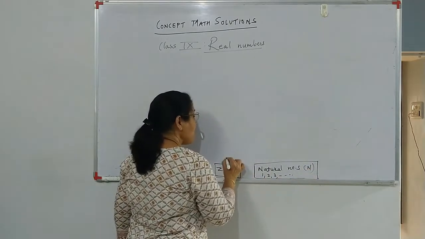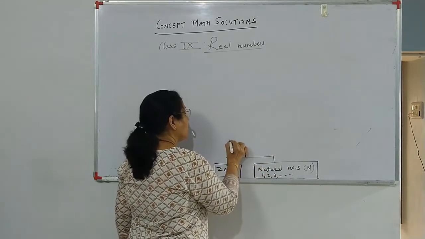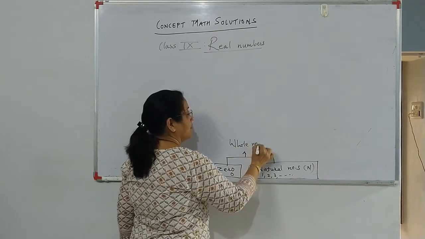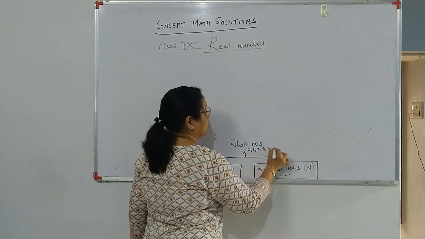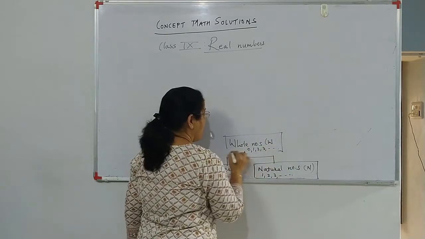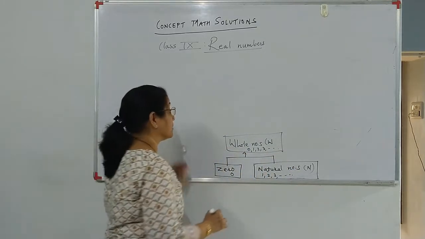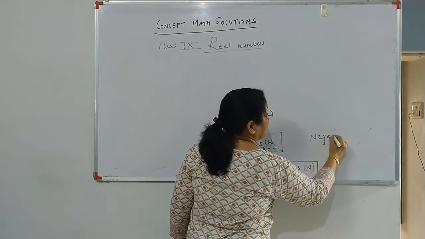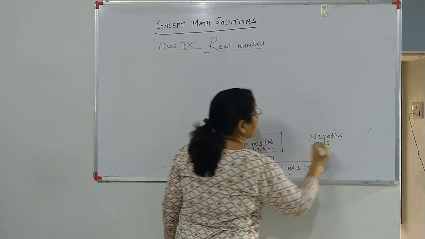Now 0 and natural numbers combine and you get whole numbers. Yes, whole numbers were the numbers 0, 1, 2, 3 and so on, and you denoted it using the letter W, a set of whole numbers. Then in class 6 you learned about integers, that is negative numbers, right?